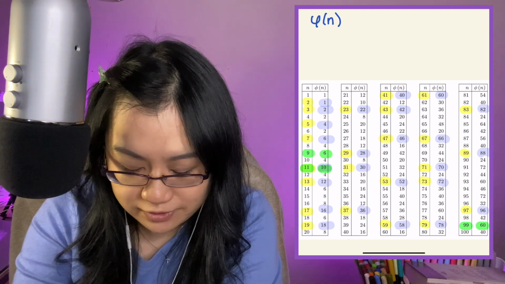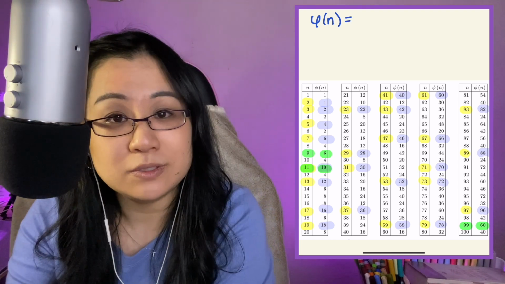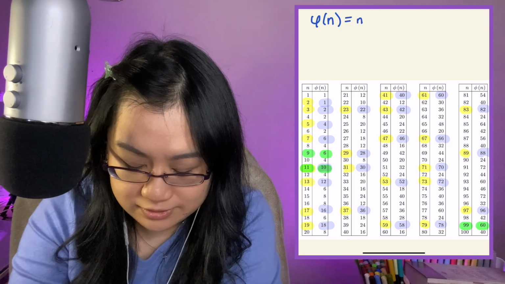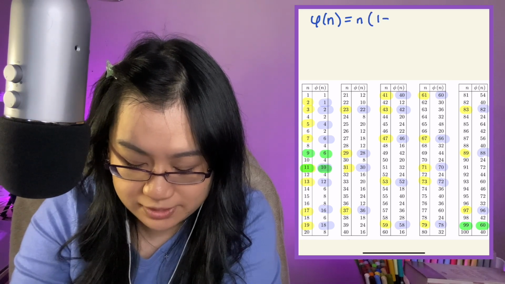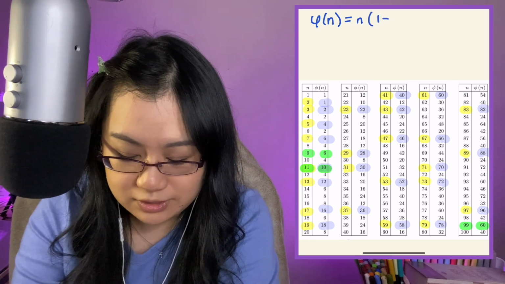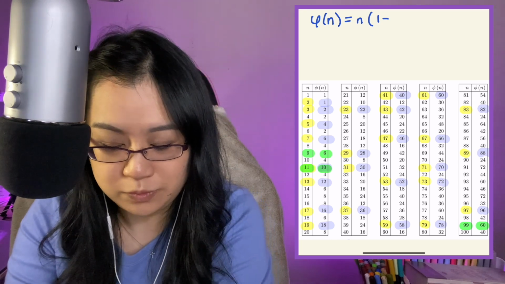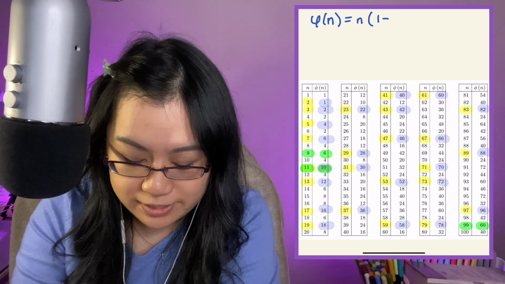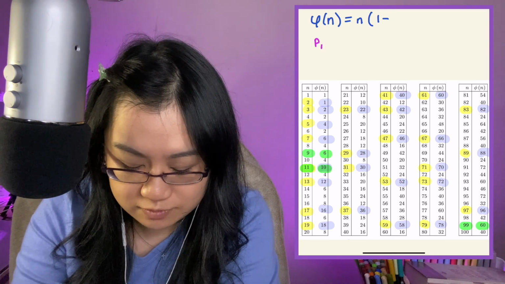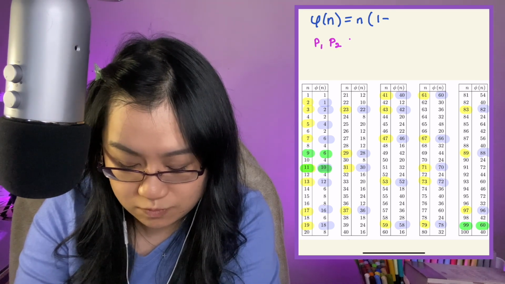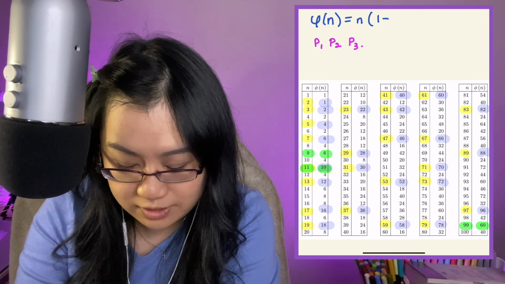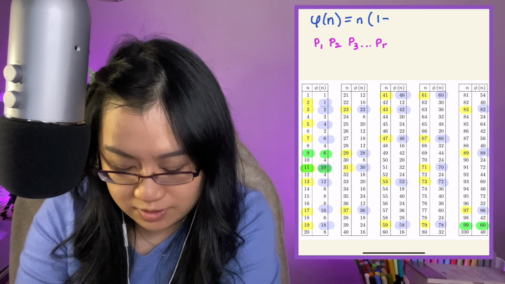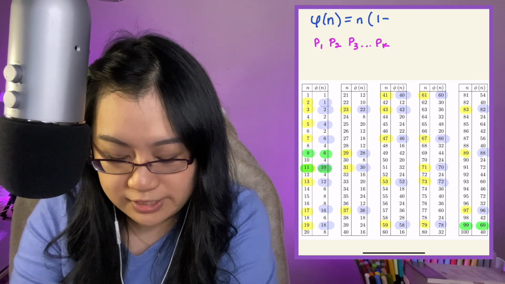So phi of n is equal to n times 1 minus... So basically, if you were to prime factor n and you have distinct primes, however many, 1, 2, 3, however many, then you just take those primes.